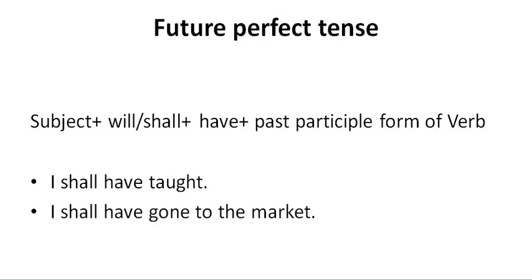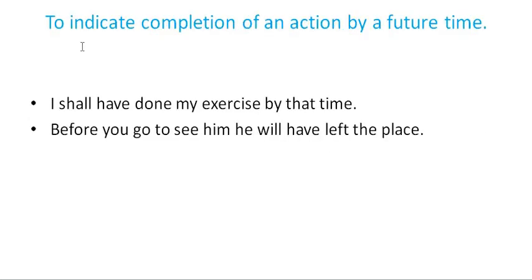Now this future perfect tense, when and where do we use it? To indicate completion of an action by a future time. So in future time, if something is completed, if some action is over by a certain time in future, you use this future perfect tense. In all perfect tenses, I told you, when you use it in present perfect, the job is over.